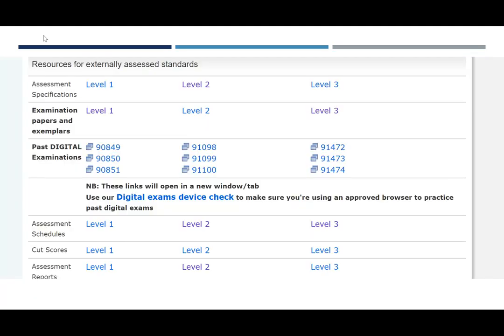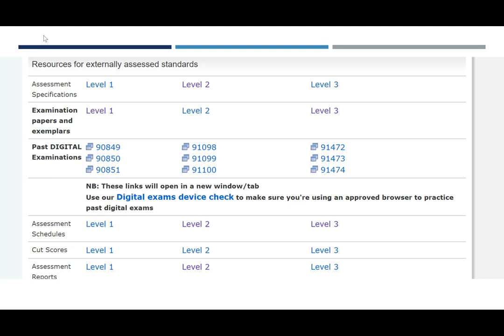If you're not sure how I found any of this information, if you go onto Google and type in NCEA English resources, it'll take you to subject resources. If you scroll down the page, you'll see resources for externally assessed standards. This is where you find the general summaries, which is the assessment specifications, but also all the past papers and exemplars.